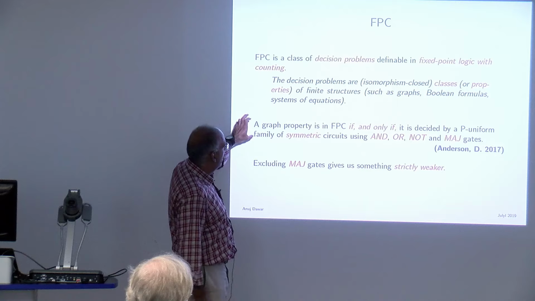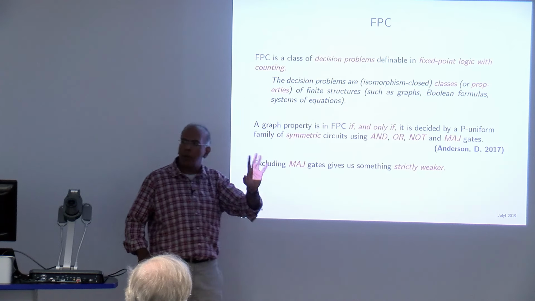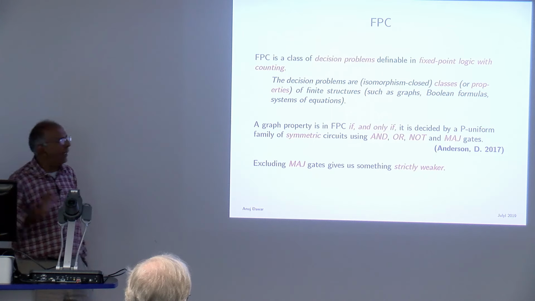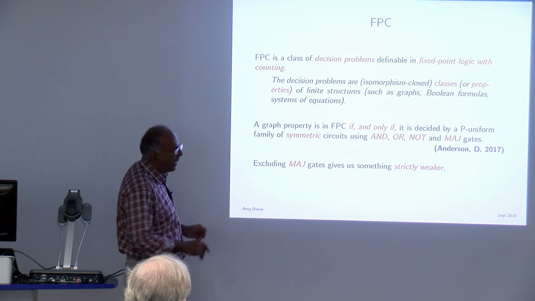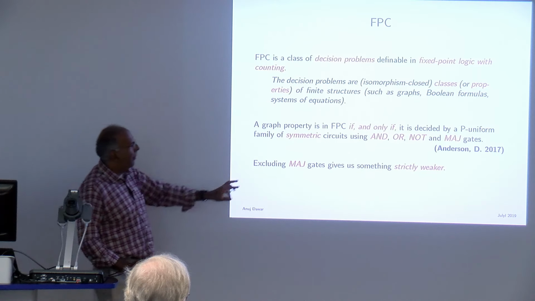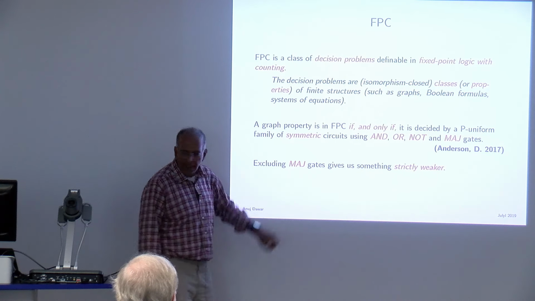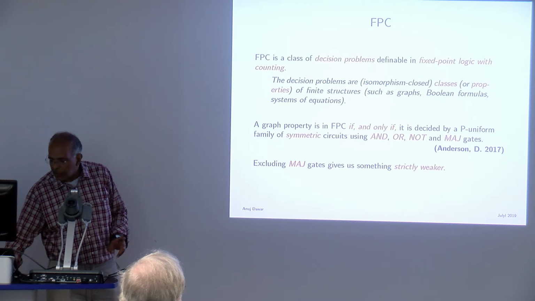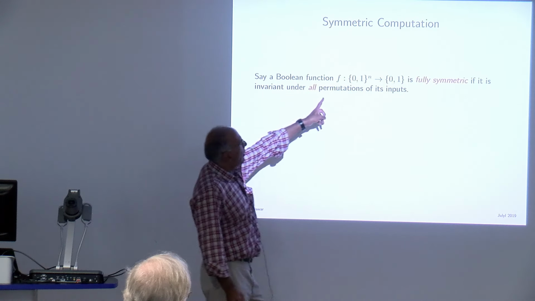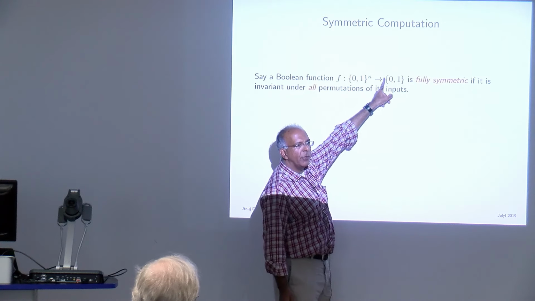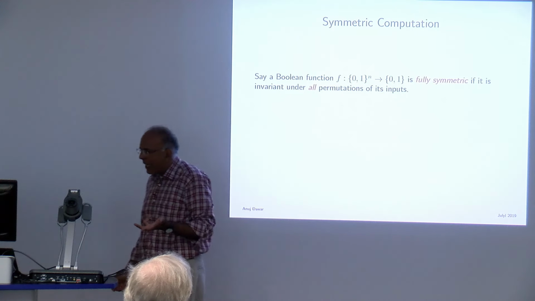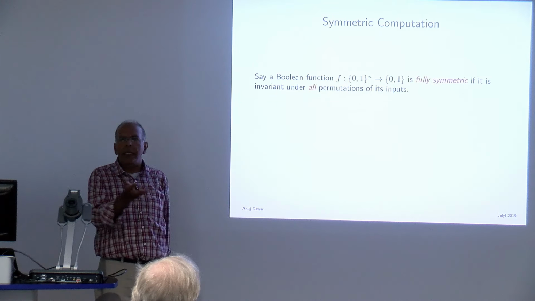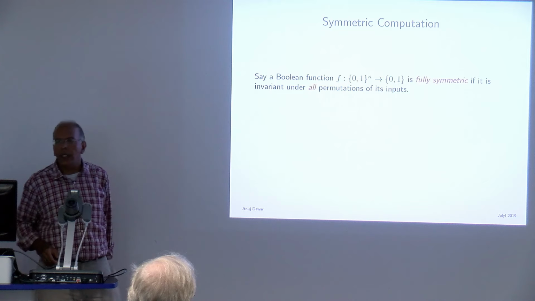So we have this characterization of something quite different, definability in a logic on the one hand, and these circuit properties. And what's more, I say excluding majority gates gives you something strictly weaker, but in fact, we can say something more. Suppose you have a Boolean function, right? It takes some sequence of zeros and ones, gives you a 0 or 1. And we say it's fully symmetric if it's invariant under all permutations of the input, which, as I said before, means it just gives you some property of counting the number of ones.